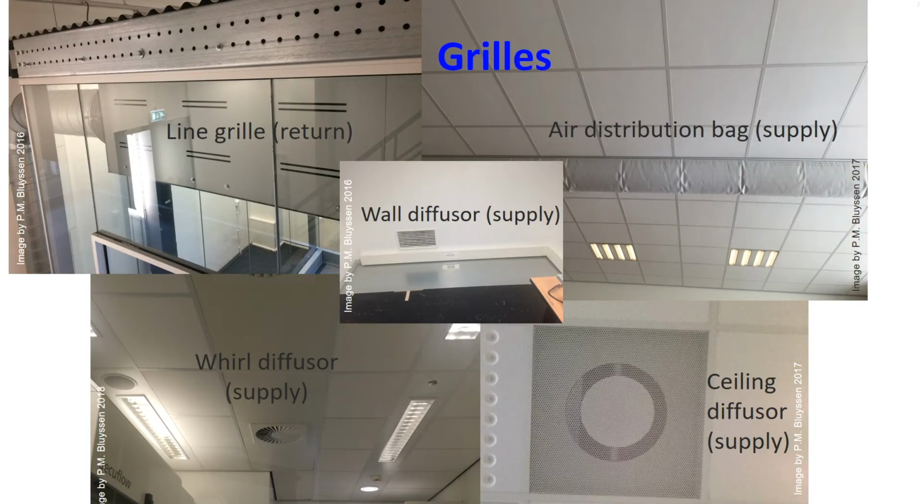The supply to and exhaust of air in a space takes place through air grills. The location, the number, the type and settings of the grills depend on the selected ventilation principle and the required amount of ventilation. We know a number of grills that are available in various shapes and dimensions, such as line grills, whirl diffusers, ceiling, floor and wall grills, air valves and air distribution bags.